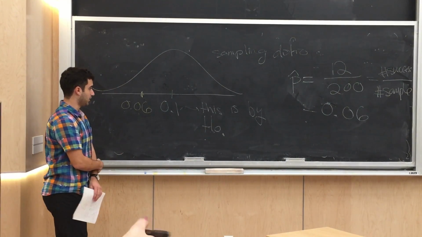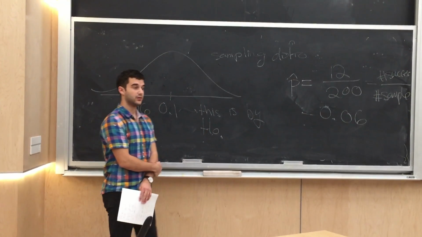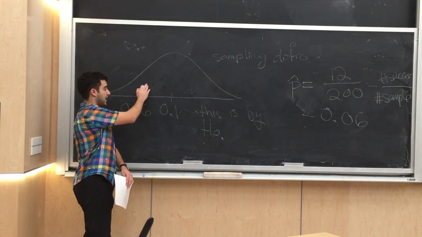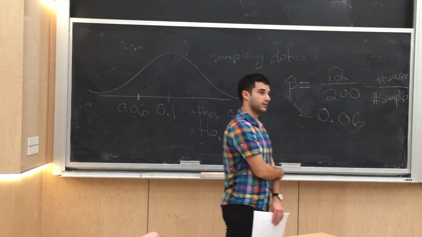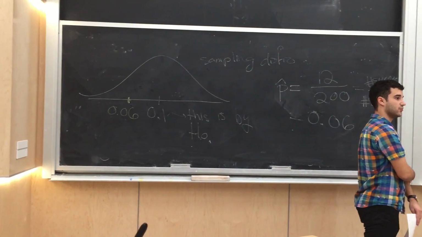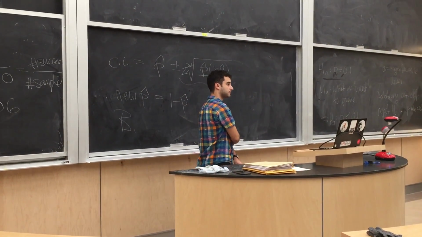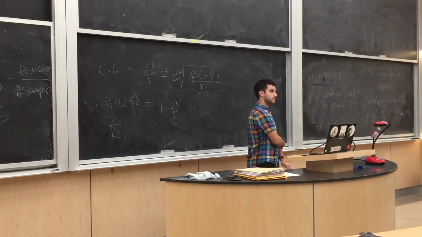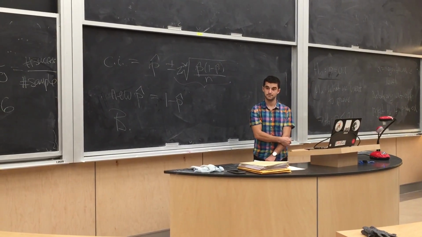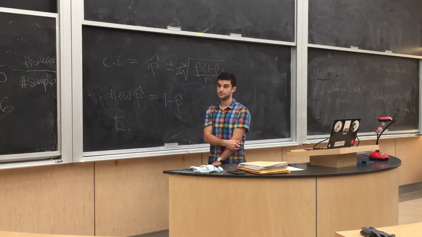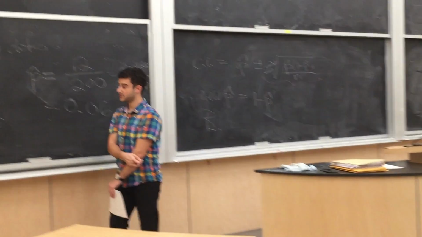Now, who can tell me what the p-value we're looking for is, and how it relates to this diagram? What is really the meaning of the p-value? P-value, like the area of the curve, some sort of area.